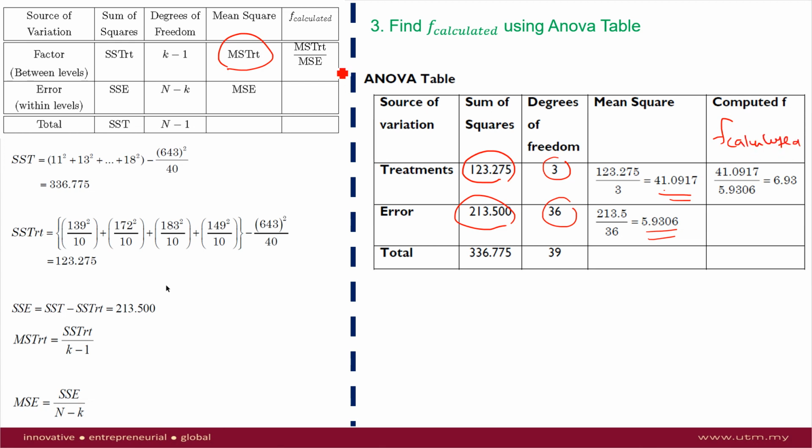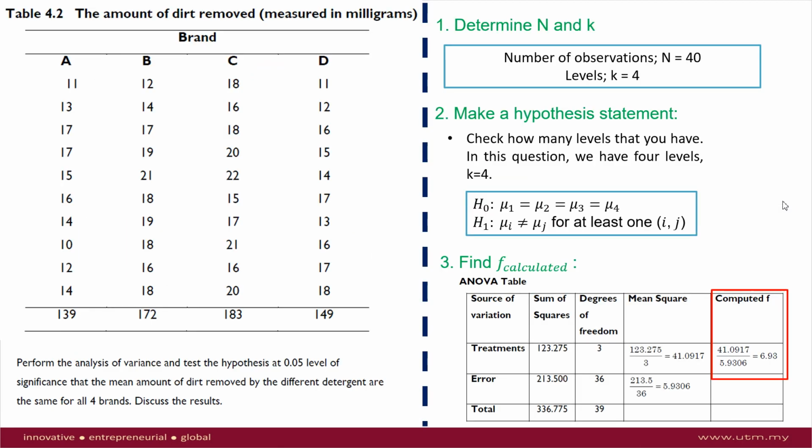Remember the formula for the F calculated is the first row divided by the second row: MS treatment divided by MSE. So that means here 41.0917 divided by 5.9306. So you will get 6.93. Okay, so now you already found the value of your F calculated, which is 6.93.